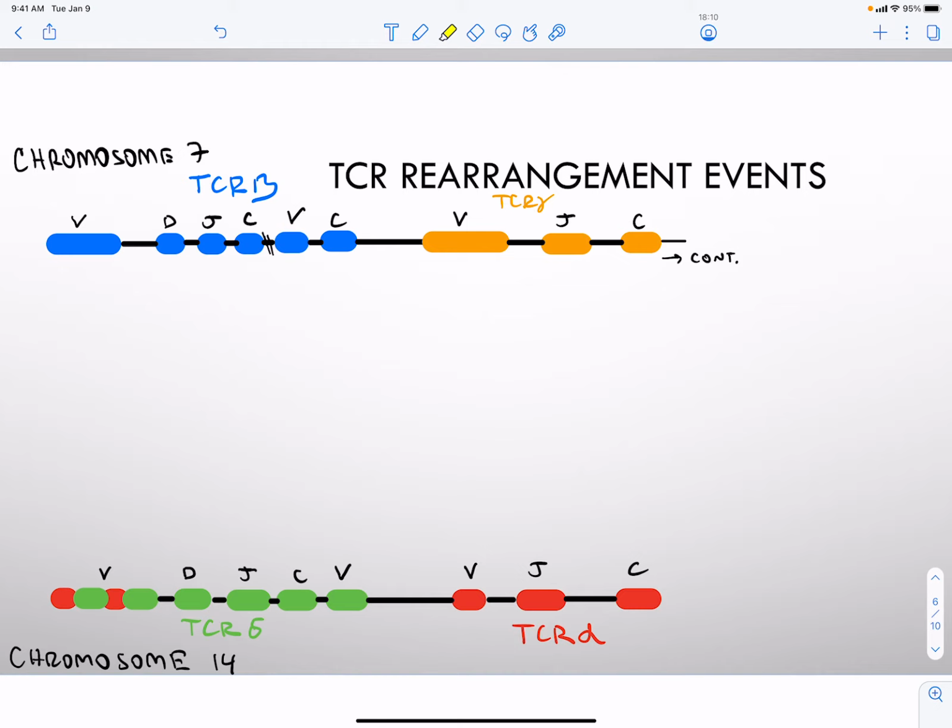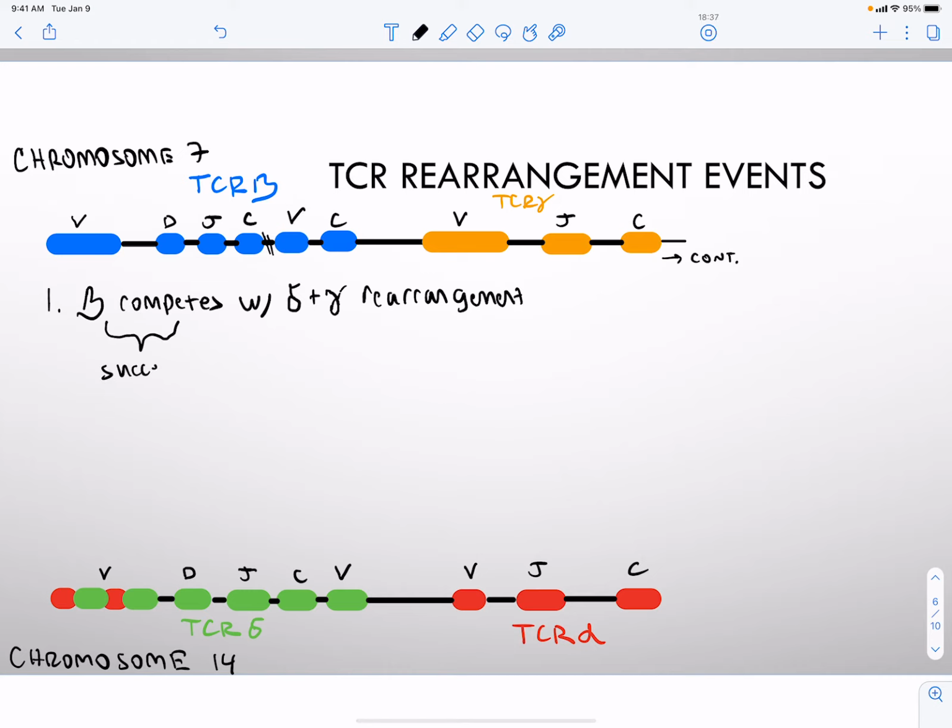Basically, the steps are going to be: 1, the beta rearrangement competes with the delta plus gamma rearrangement. If this is successful, you go to 2, alpha rearrangement, and this success is about 90 to 95%.